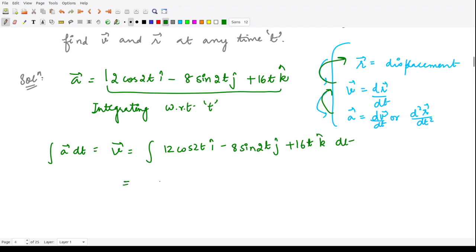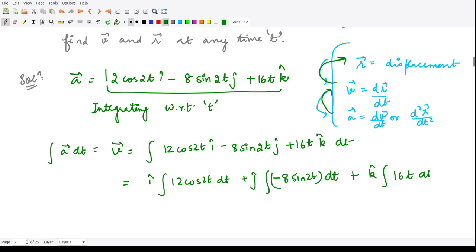So here you could separate out the components. The component for i cap could be written as the integral of 12 cos 2t dt, the component for j cap as the integral of minus 8 sin 2t dt, and the component for k cap again as the integral of 16t dt.